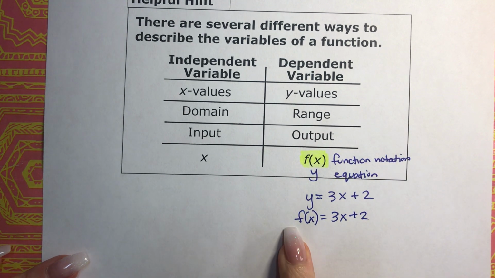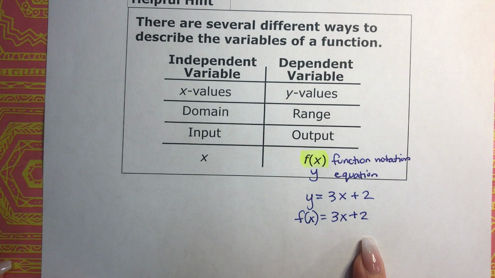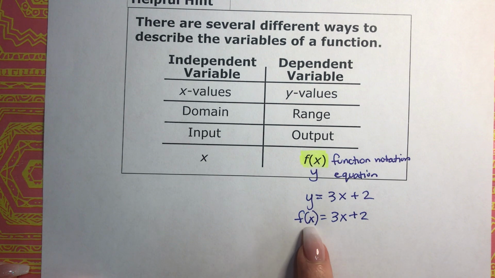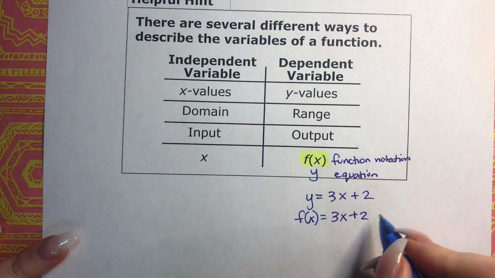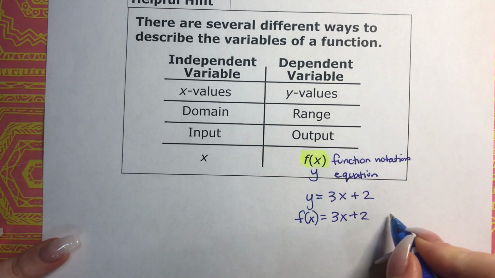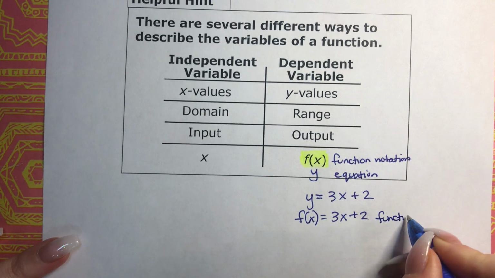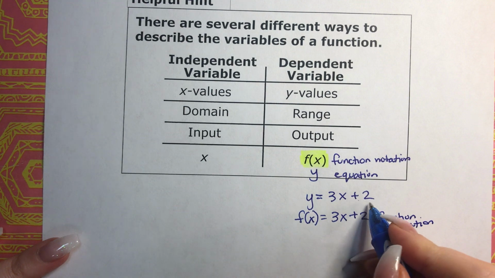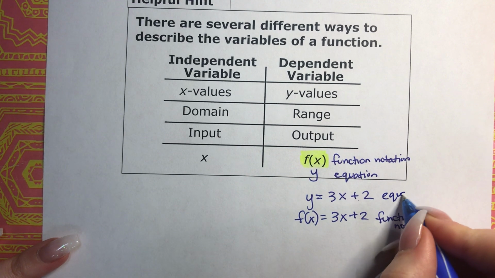And now it is in function notation. Notice that the only thing that changed is that instead of writing a y, I substituted f of x in for y because it means the same thing. So this is function notation, and this is an equation.